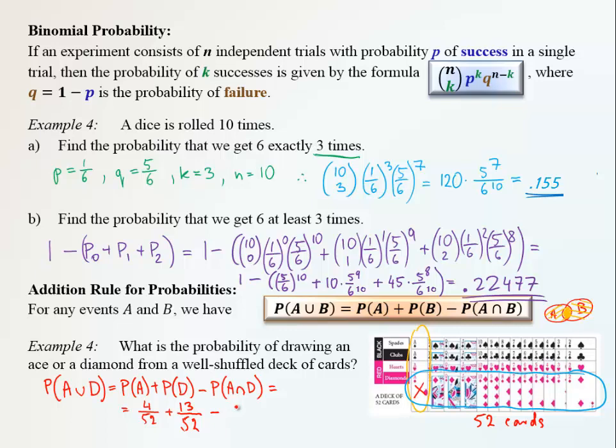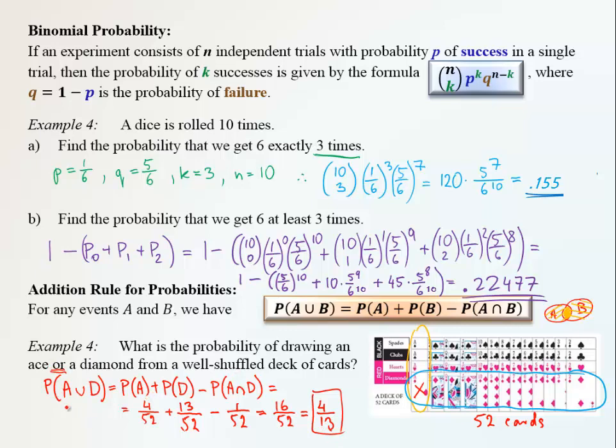That's the one. Okay, so it's 1 over 52. Overall, we have 17 minus 1 is 16 out of 52. And if we reduce this, let's say divide by 4, we'll end up with 4/13. So that's the overall probability of picking an ace or a diamond.